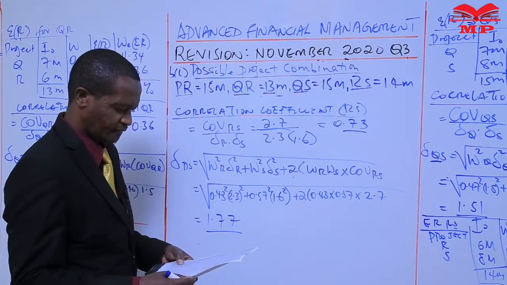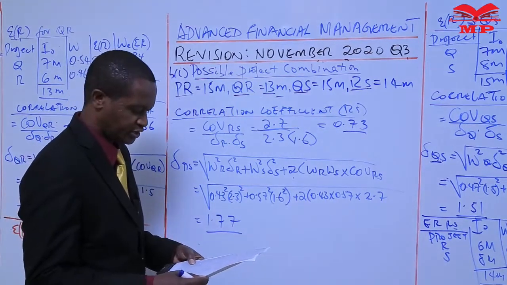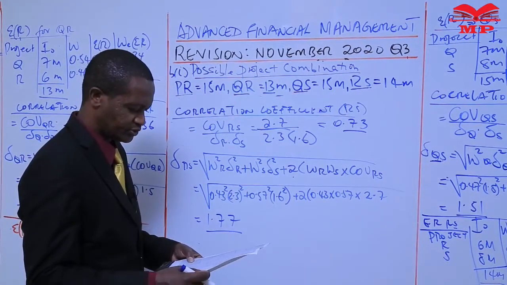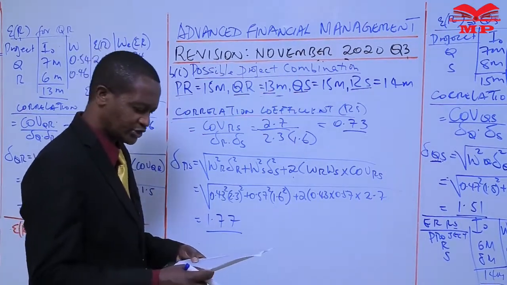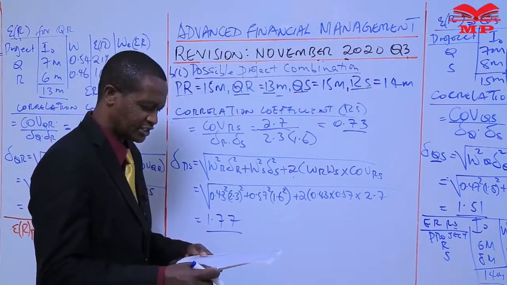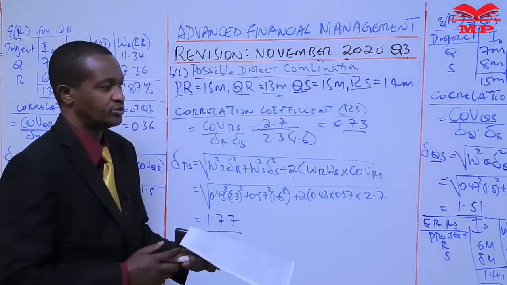Candidates, we've answered Roman 1, which read, for each possible project pair combination, calculate the expected return, number 1. Number 2, correlation coefficient. Number 3, standard deviation. That's what we've been doing for each project combination.